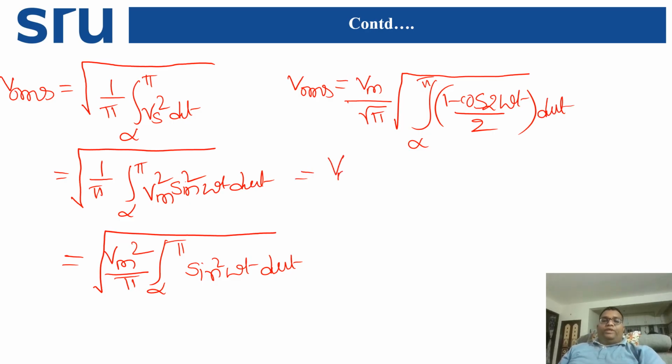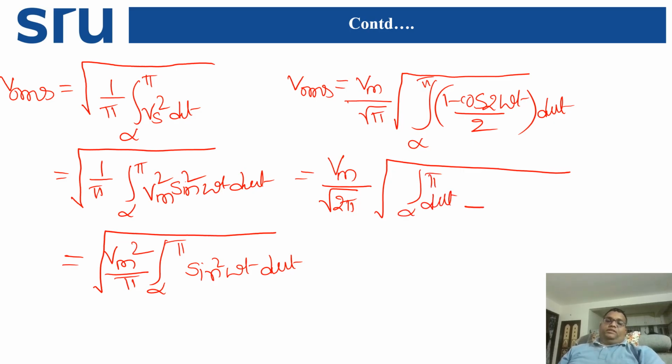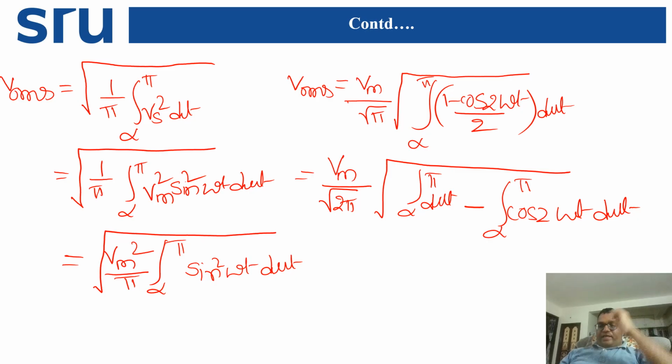Then Vm by root 2 times 2 pi, square root of integration alpha to pi d omega t minus integration alpha to pi cos 2 omega t d omega t. This is the expression for the V naught RMS.